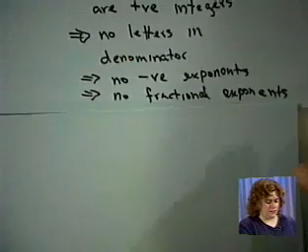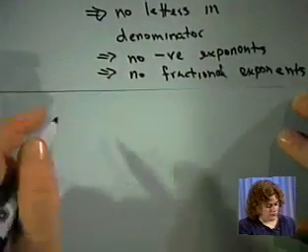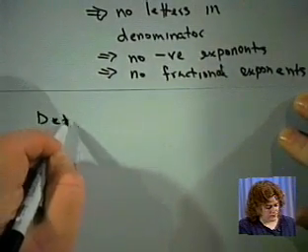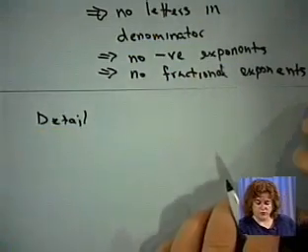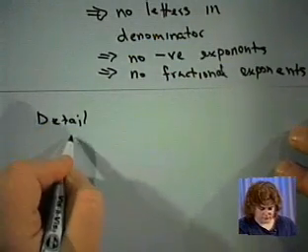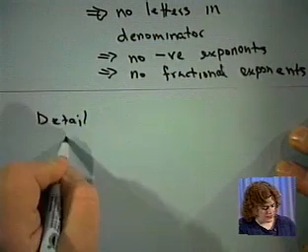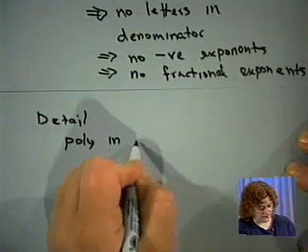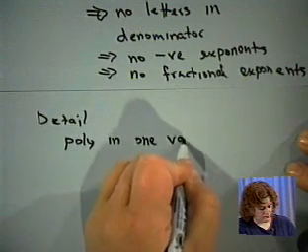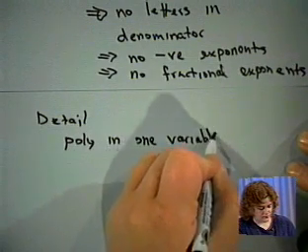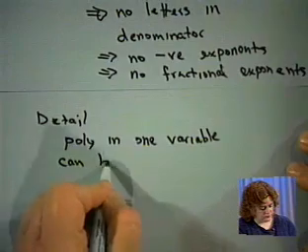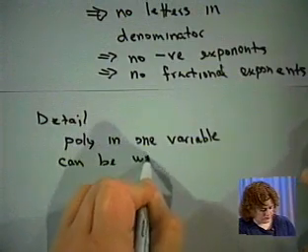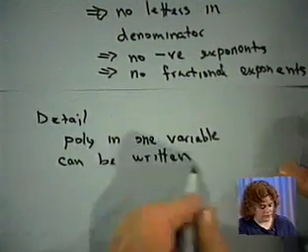Minor detail related to this: if you have a polynomial with only one variable, you can write it in descending powers. And sometimes you'll be asked to do that.